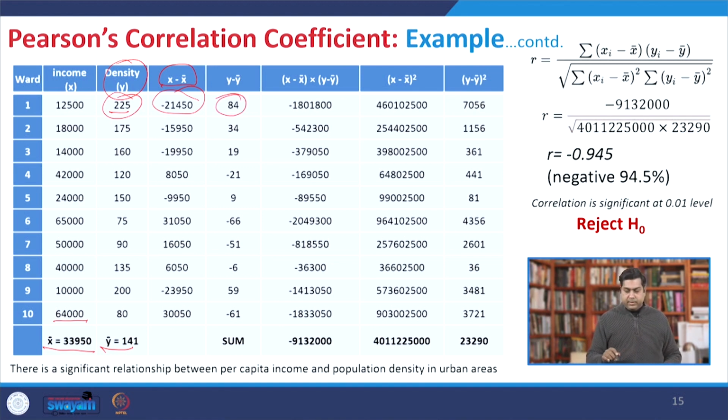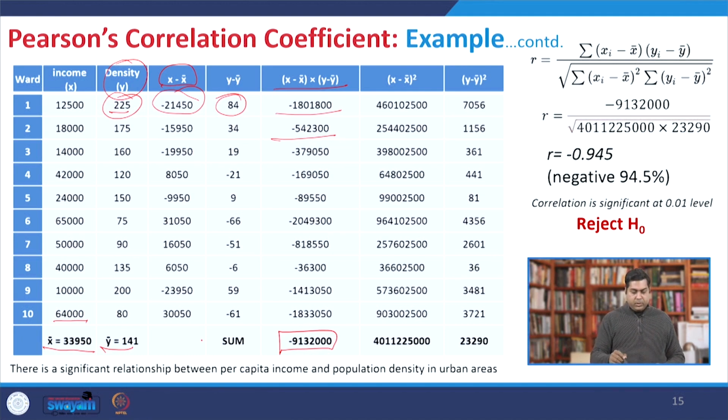Then we require the product of these two, where we multiply them, taking care of the sign of those individual differences, and then we get a value. This is the sum total of the product of the differences of the individual variables from the mean.